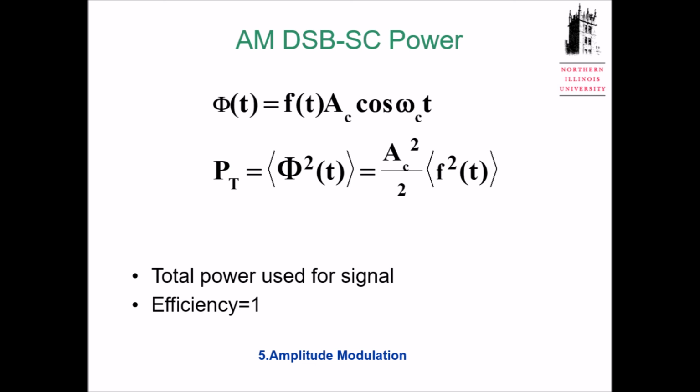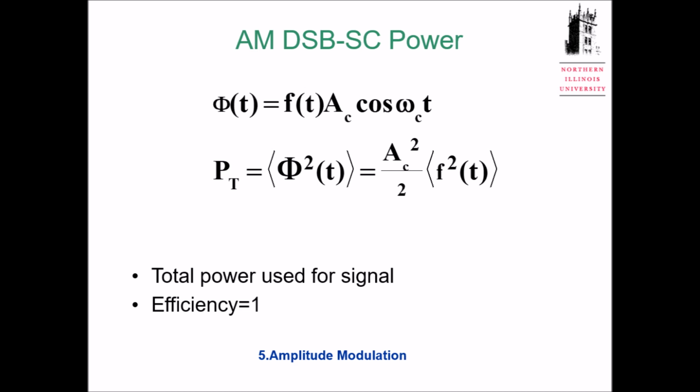And this is the power of my message, f(t) squared expectation, expected value, or mean square value, they all mean the power of your message. So now, the total power is used for the message, for information, for signal. My efficiency is 100%.